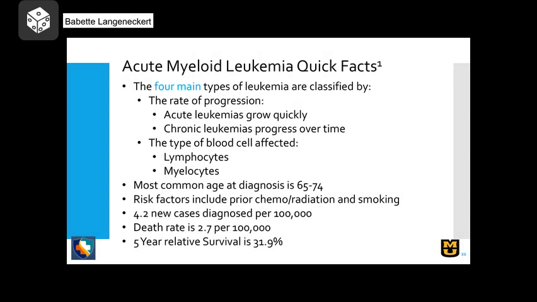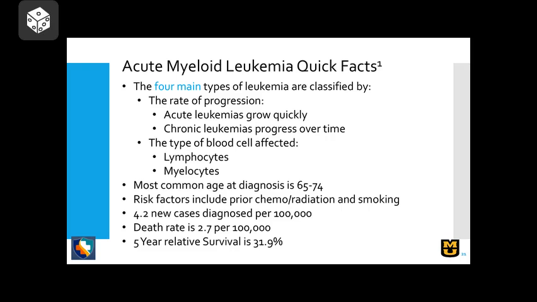Now for some acute myeloid leukemia quick facts. The four main types of leukemia are classified by the rate of progression, the acute leukemias grow quickly, and the chronic leukemias progress over time, and the type of blood cell affected, either lymphocytes or myelocytes.